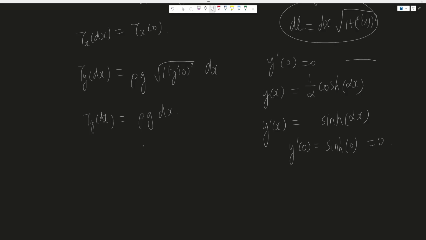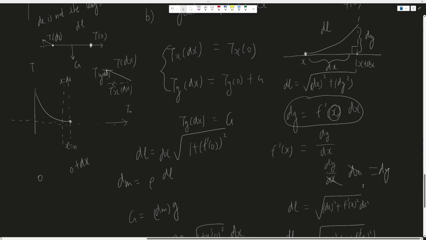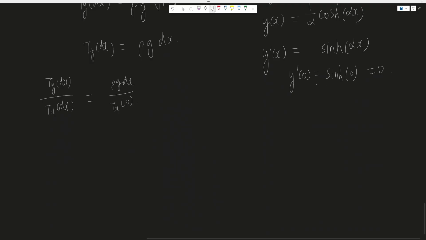And so now we have a formula for the slope. Ty dx over tx dx needs to equal rho g dx over tx 0. So if you think about it, let me draw the diagram here again.